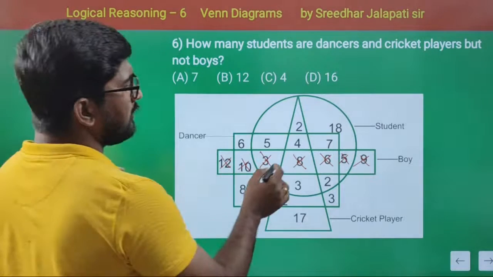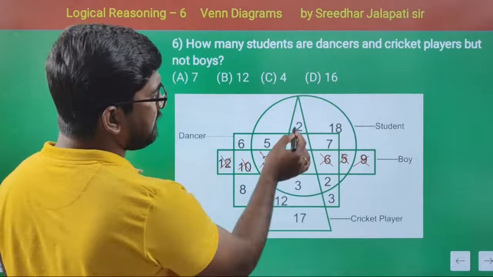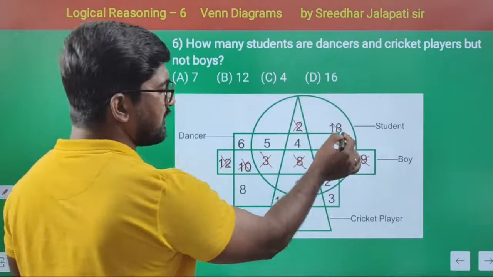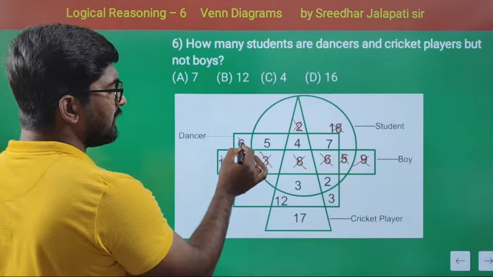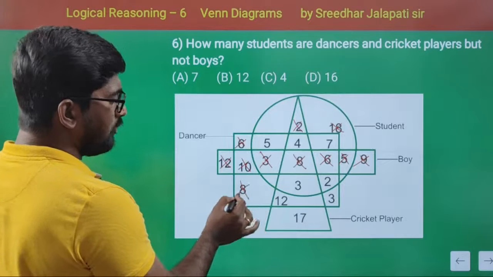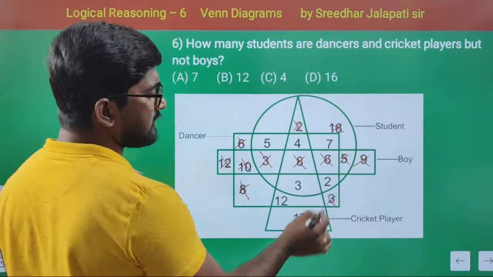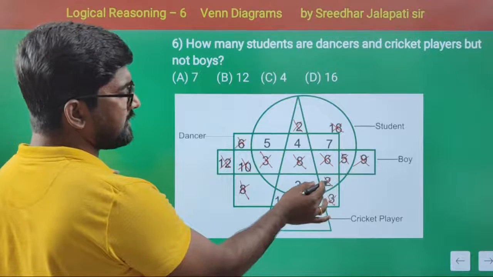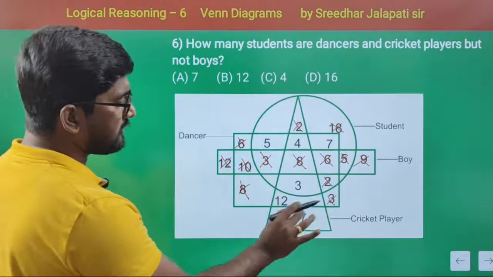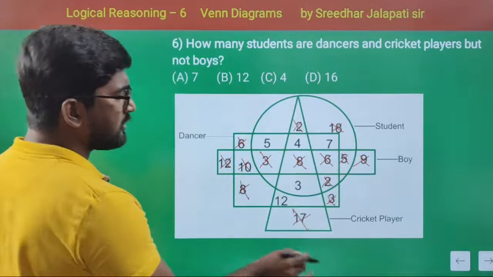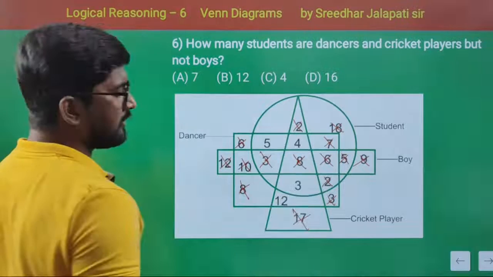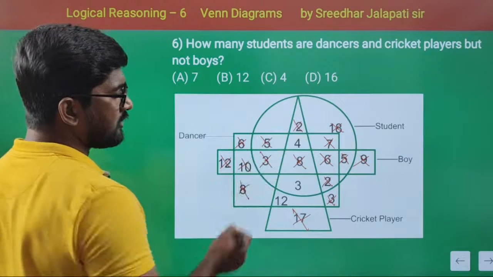The remaining 2 is in triangle, which are cricketers, but they are not dancers, so I have to exclude that also. 18 only students, I have to exclude that also. 6 are dancers but they are not students, I have to exclude that also. 8 are only dancers, 3 are only dancers, 2 are dancers as well as students but not cricketers, because that is not there in triangle, I have to exclude that also. 17 only cricketers, I have to exclude that also. This 7 is not in triangle, so I have to exclude that also. This 5 is not in triangle, so I have to exclude that also.